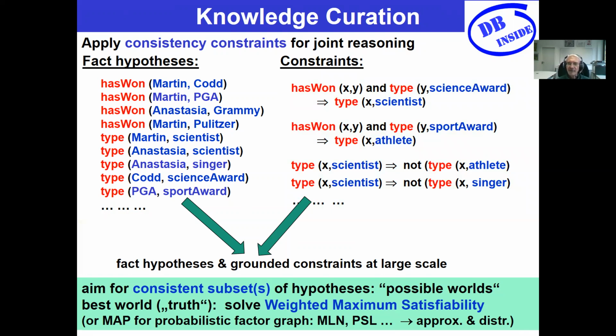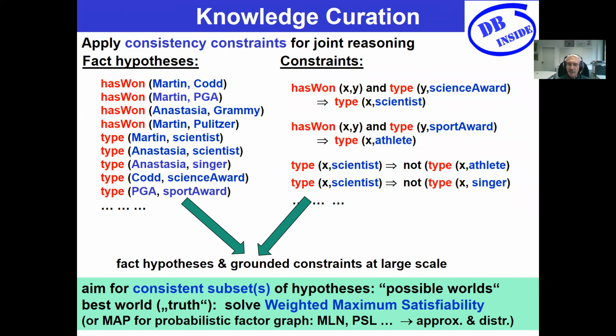And we can do this computation by different means. Machine learning has been brought here to this problem. We actually reduce it to a classical computer science problem, weighted maximum satisfiability, a variant of SAT, satisfiability, which is the classical NP-hard problem in our field. But there are very good approximation algorithms which you can tailor to this specific setting.